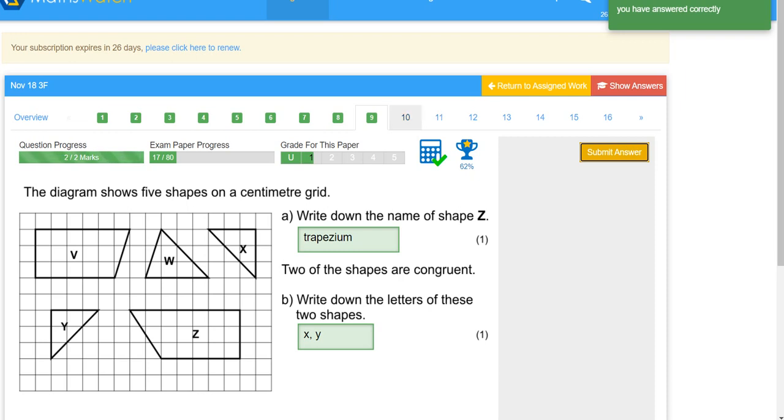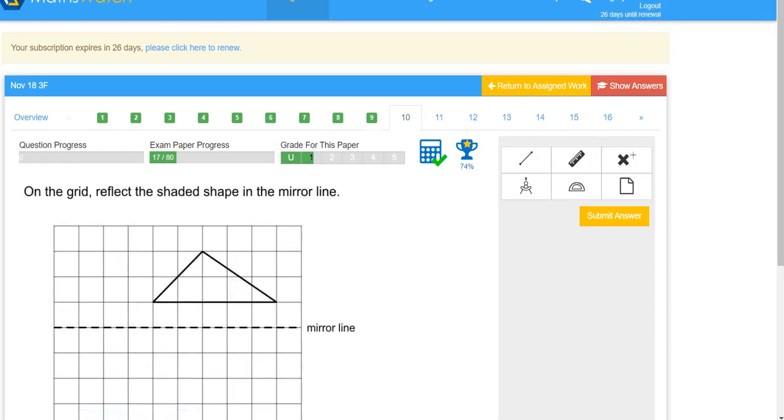So super. Question 10. And here I want to reflect this in the mirror line. One of the easiest ways to do transformations is to use tracing paper. And you may have noticed that MathsWatch has had an upgrade recently. Some of the tools have changed, and we now have tracing paper available to us.